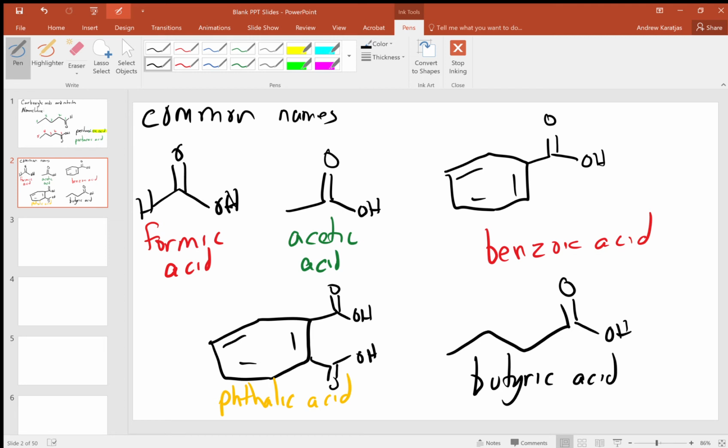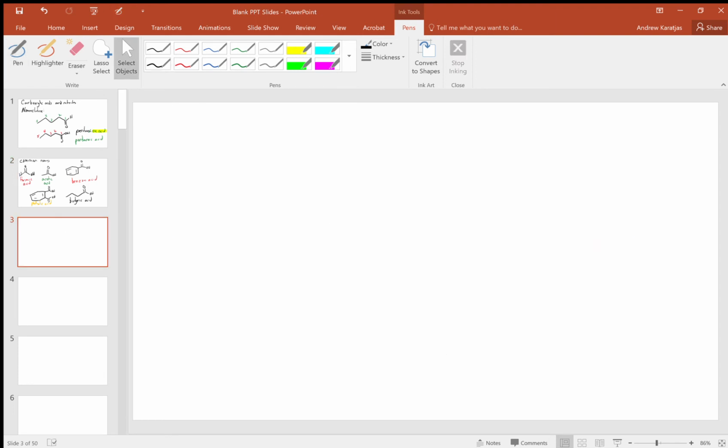However, what's the most common place that we find carboxylic acids? The most common place that we find carboxylic acids is that they're very abundant as fats and oils. And the carboxylic acids we find in these situations aren't terribly complicated.